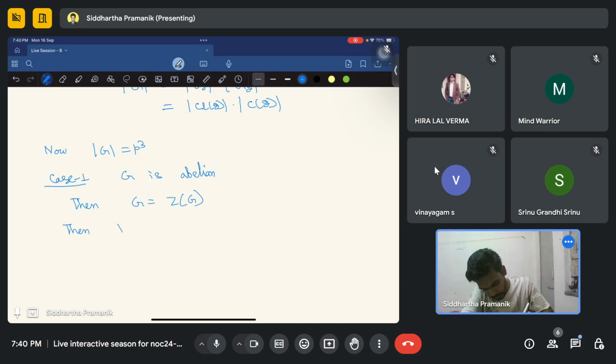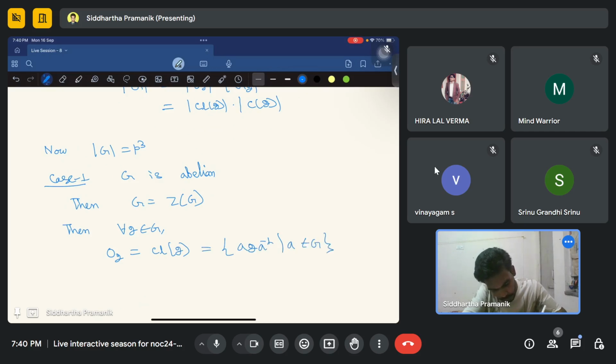Then for all g belonging to G, what is this orbit, meaning what is the conjugacy class? It is a g a inverse such that a belongs to G. But G is abelian, so these elements commute, and this is exactly equal to g.